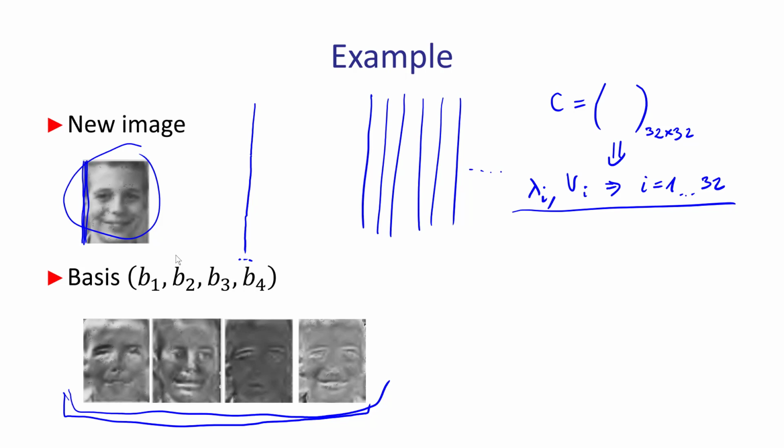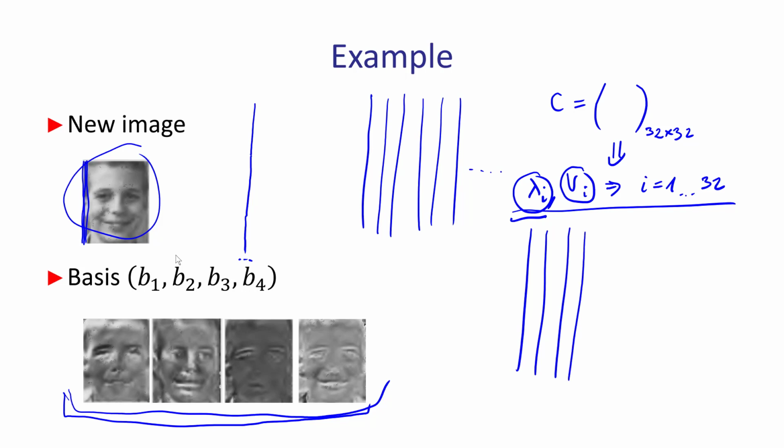Now, the sizes of those are different, so I'm sorting them from the largest one to the smallest one. When I'm sorting them, I'm picking only the 4 highest values of lambda and picking the corresponding vectors v. Now, those 4 vectors are also very long vectors, but only 4 vectors, corresponding to the largest lambda values of that matrix.